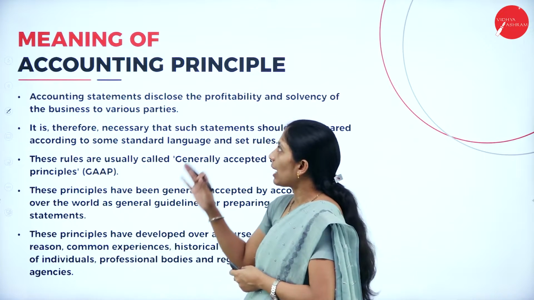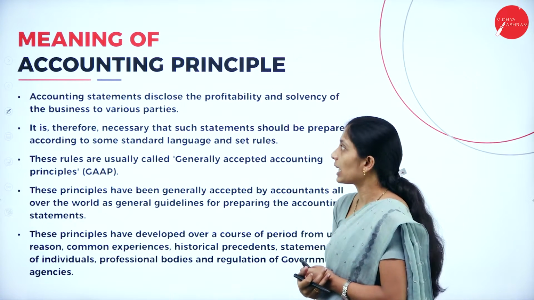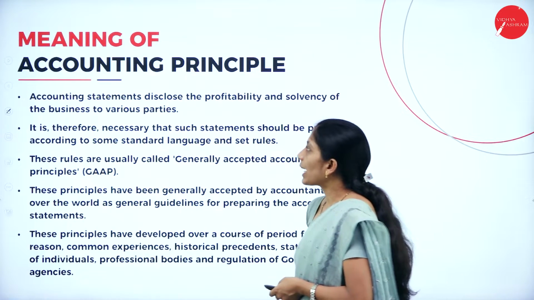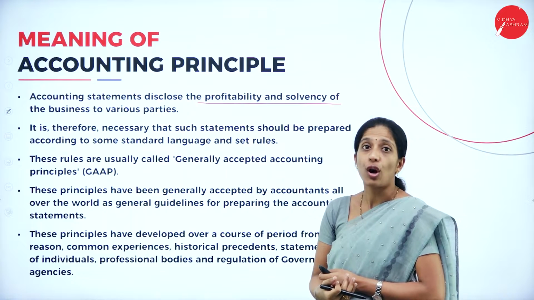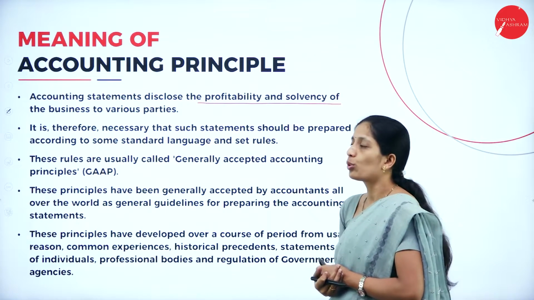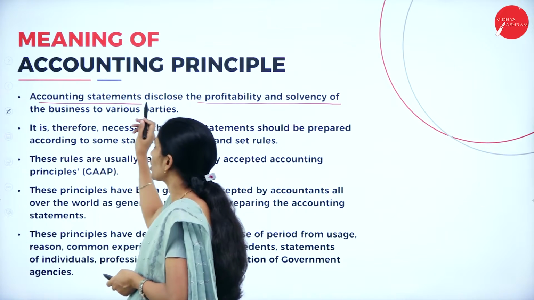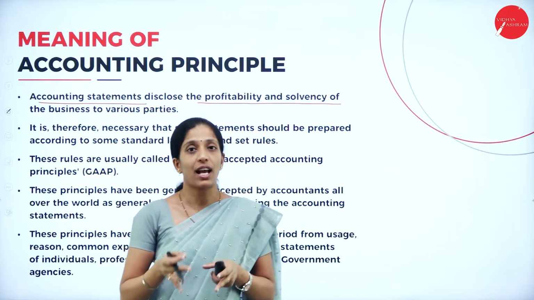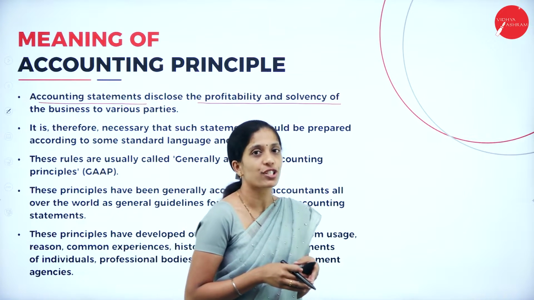Now, coming to the accounting principle. Let us see what is the meaning of this accounting principle. Accounting statements disclose the profitability as well as the solvency of the business to various parties. Of course, at the end of each and every accounting year, we have to prepare the financial statement. What is the main intention of preparing the financial statement?